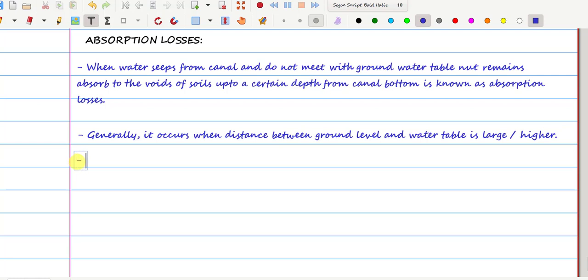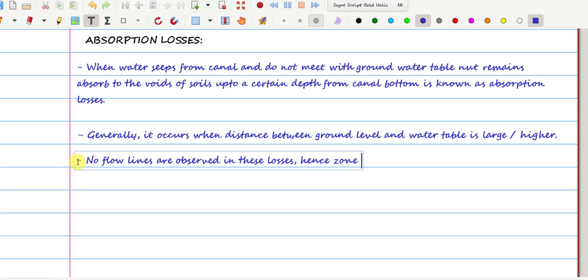The next point is that no flow lines are observed in these losses, that means absorption losses. Got it?